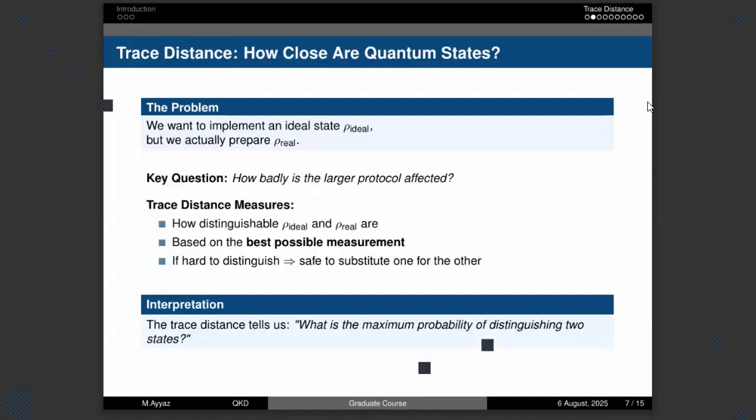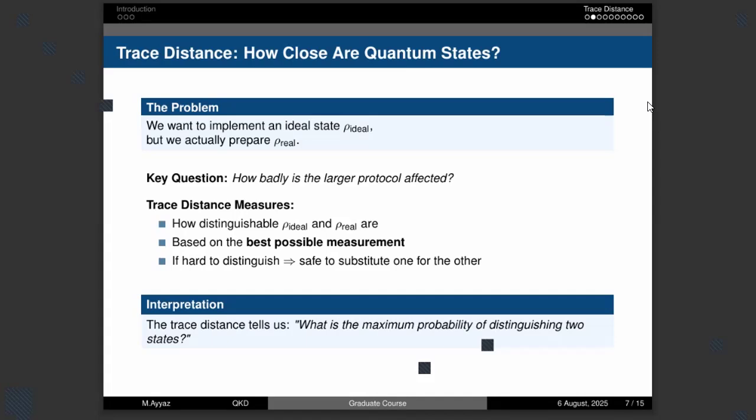Our problem at hand is that there is a mechanism or algorithm that uses some kind of state, and we call this state rho ideal. But a part of the algorithm is producing some state called rho real because of some imperfection or default in a smaller part of the algorithm. So how badly will the larger protocol be affected?